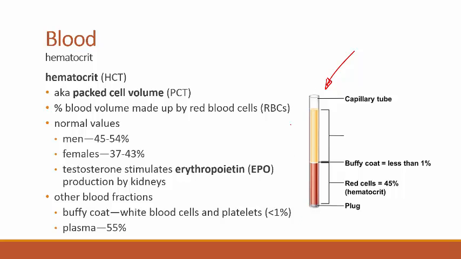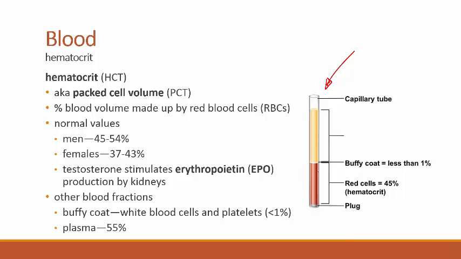You poke a hole in you, draw blood up into that capillary tube, and then you place it carefully into a centrifuge and spin it round and round for about 5 minutes. The spinning is going to force the blood to separate into fractions based on the density of those fractions.